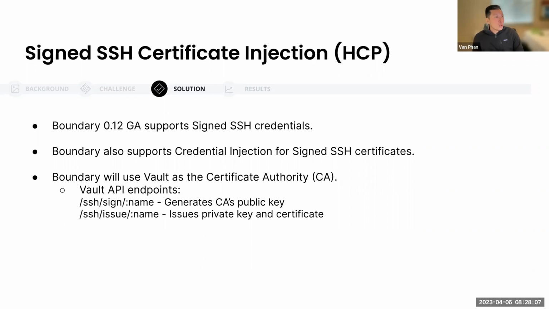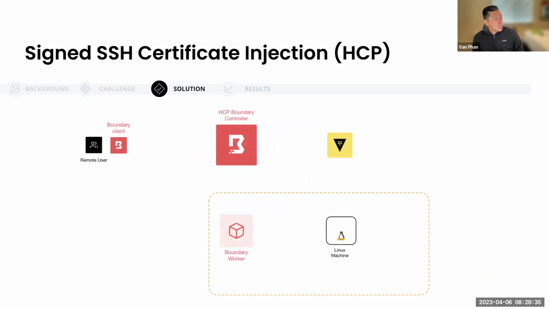So they have a passwordless experience, and they don't have to manage or handle or even ever see the credentials themselves. Boundary will use Vault as the certificate authority. There are lots of endpoints that Vault provides for Boundary to make that communication between Vault and Boundary to request these signed certificates. So here's how it works now.